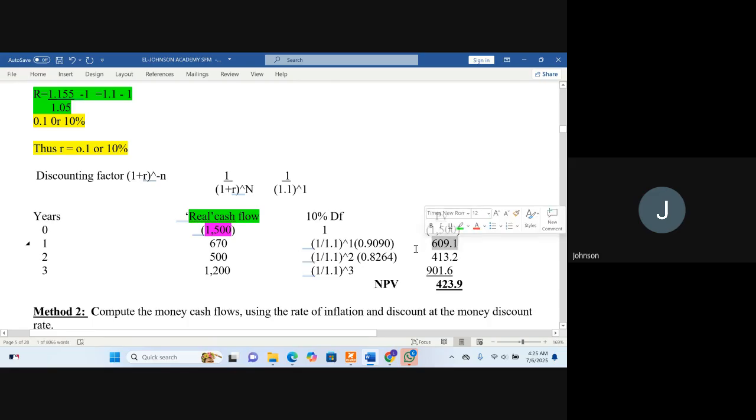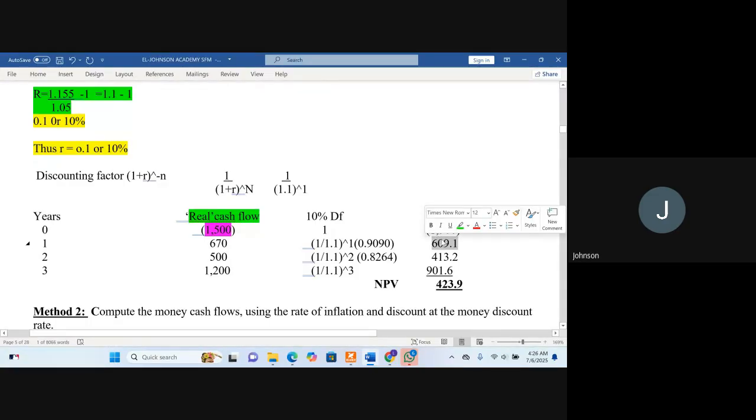Okay, I told you that when you talk about interest rate, and they say they've added interest rate to your discount factor, the discount factor always reduces a cash flow from the state it is in the future. It reduces it to the present value. You discover that the real cash flow here was 670, and when we apply the discount factor, we got 609.1. So let's do the last year.